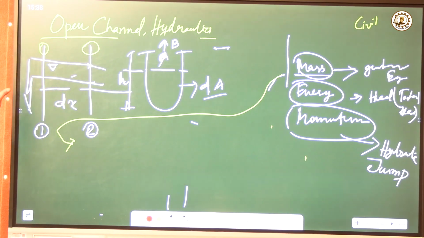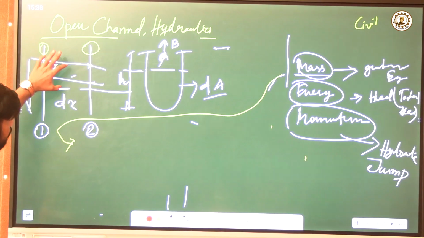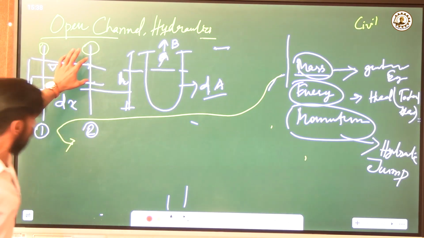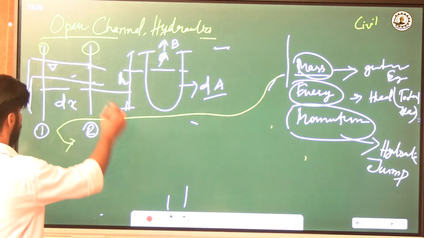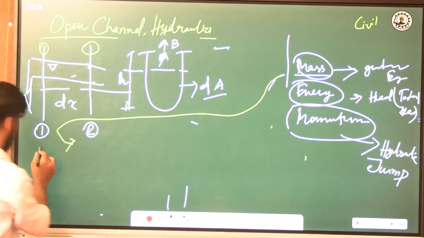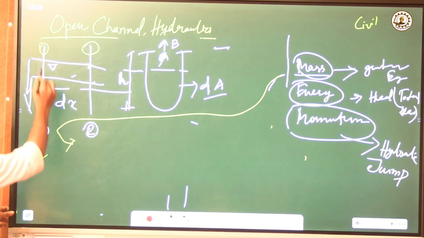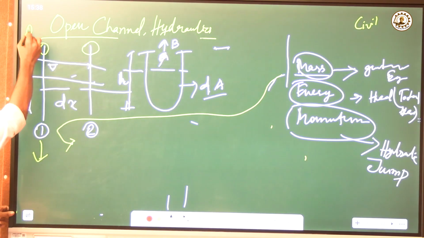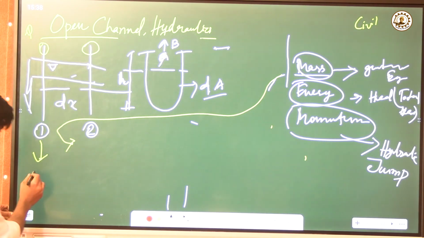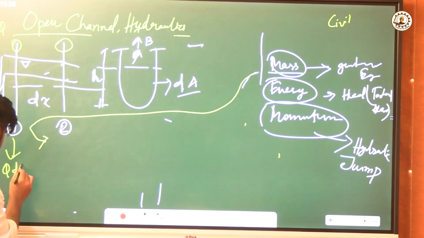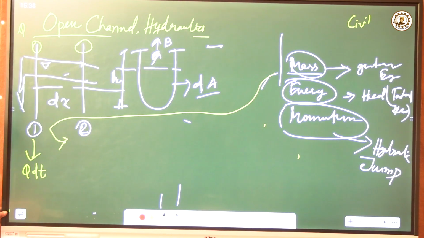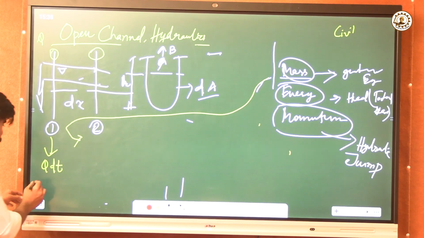Or we can say the volume of the flow entering through that section is the same as the flow leaving from that section. Now define that flow. So in section 1, if the discharge is Q, then the volume of the flow is Q into dt.